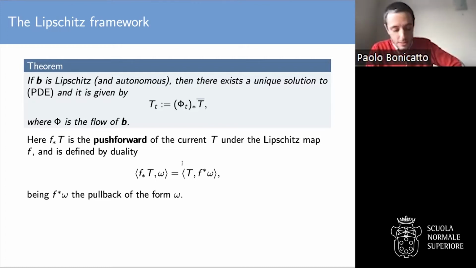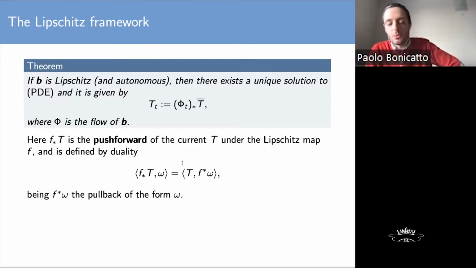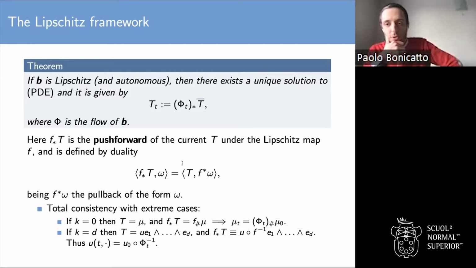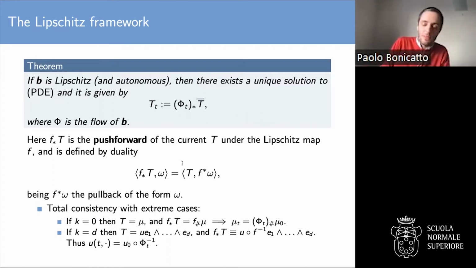And it's again worthwhile as a sanity check that one should perform, that in the extreme cases such a formula is really encoding the standard formulas for the solutions to the continuity and the transport equation. So I'm not really inventing new things. In the case k equal to 0, the push forward of a zero current reduces to the push forward of a measure, and so it's the solution to the continuity equation.